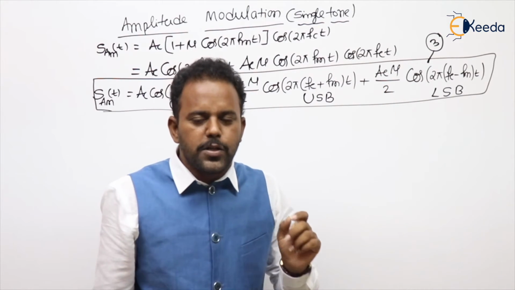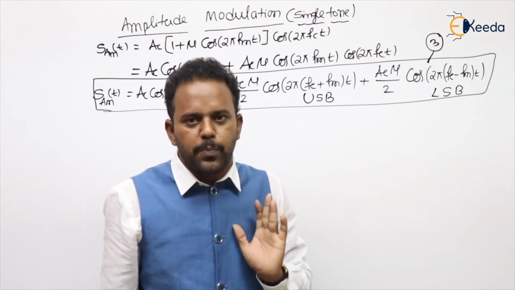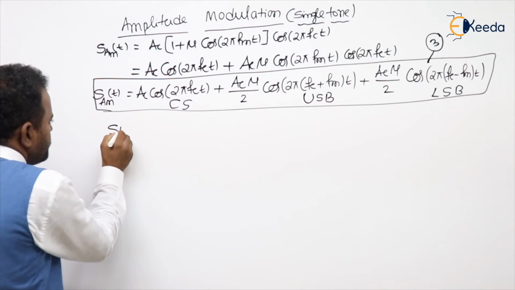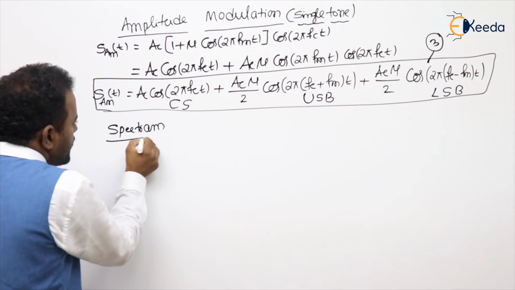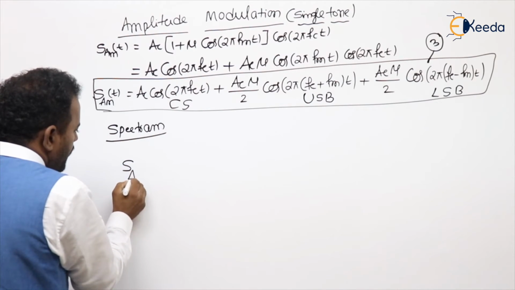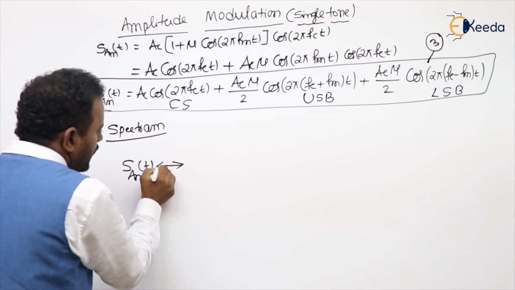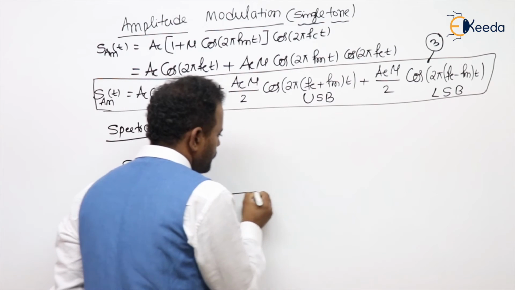Now, once we get the expression, we will write the spectrum. Coming to the spectrum, students, if you see the expression of AM, all three terms are cosine terms. If it is a cosine term, how to draw the spectrum?